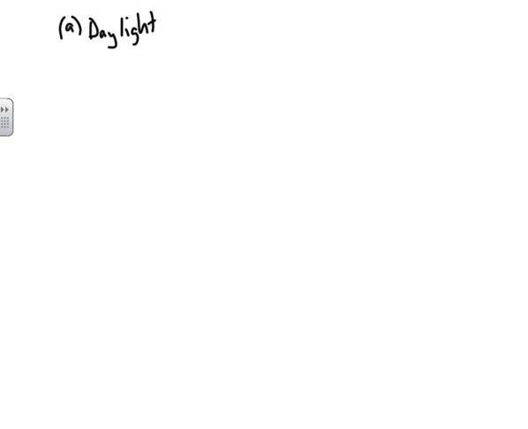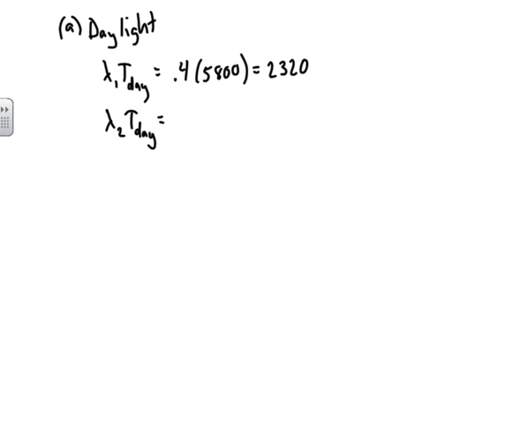We need lambda 1 times T day, which is 0.4 microns times 5800 Kelvin, equal to 2,320. Then lambda 2 times T day is 0.76 times 5800, which is equal to 4408.